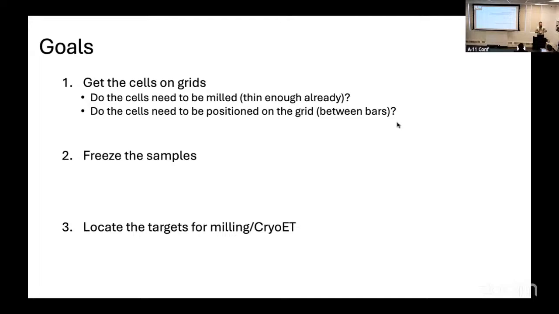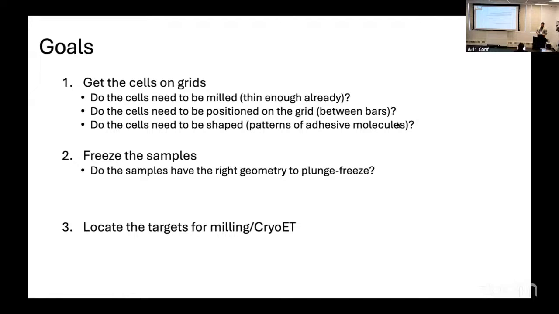Say some cells really like to go to grid bars, and they all just stick to the grid bars. So sometimes you have to get them away from the grid bars. And third, do the cells need to be patterned? Sometimes, say you want to look at stress fibers in a MEF or something, and you want the cells to be spread out. So how do you get the cell to adopt a specific shape in those grid bars?